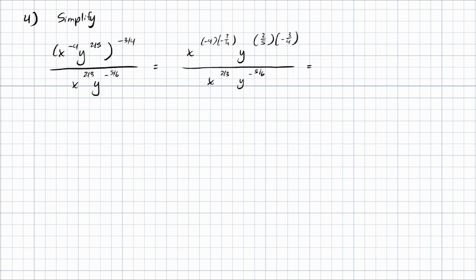I simplify the top, I get x cubed and y to the, it would be -6/20, so it would be -3/10. Excuse me. And again, the denominator is the same, x to the 2/3, y to the -5/6.